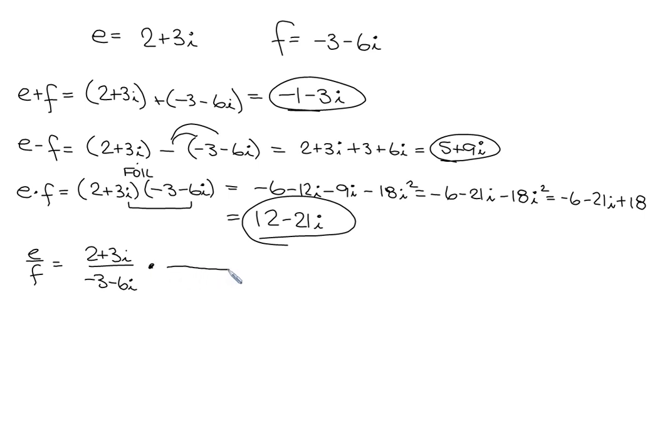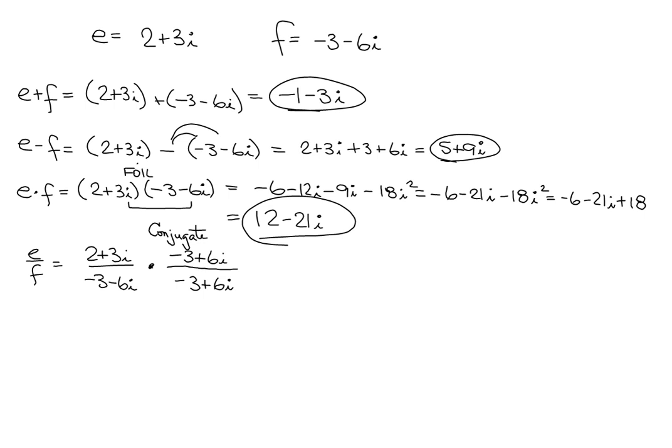The conjugate. Very good. What is the conjugate? What do we multiply by? Negative 3 plus 6i on the top and bottom. That's the conjugate of the denominator. We need to multiply by the conjugate to really get rid of all the i's.